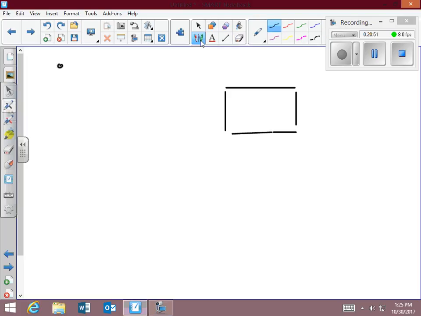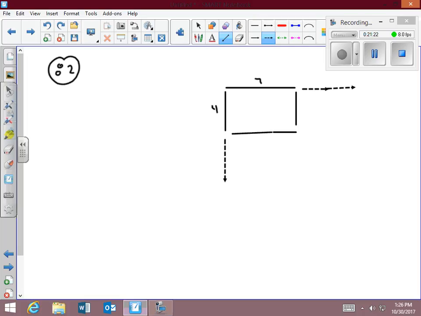This is 82. And it says it's 7 by 4. So this is going to be 7, and this is going to be 4. Now they said it increased by equal amounts. So this is increased, and this is increased, and they both should be equal.